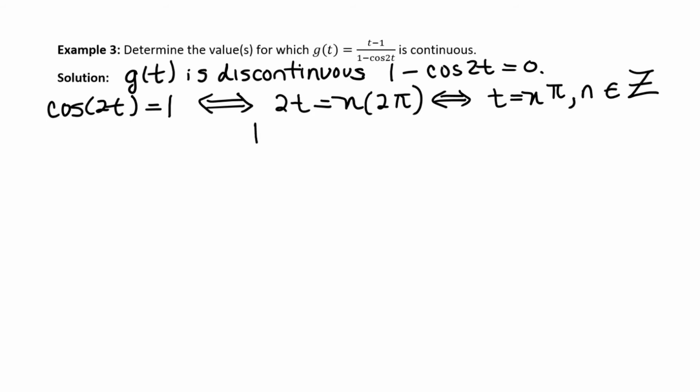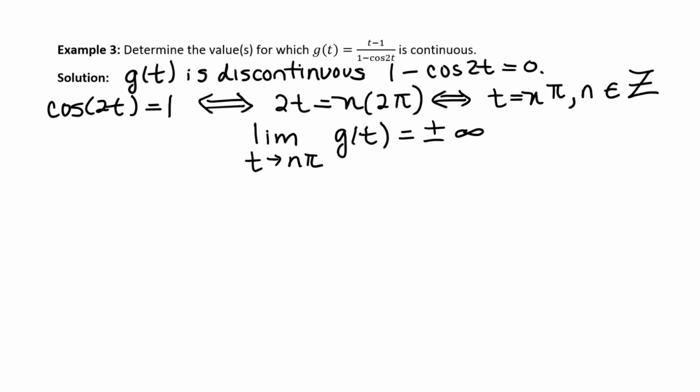This tells us if you take the limit as t approaches an integer multiple of pi of g of t, that'll get us to either plus or minus infinity, the definition of a vertical asymptote.